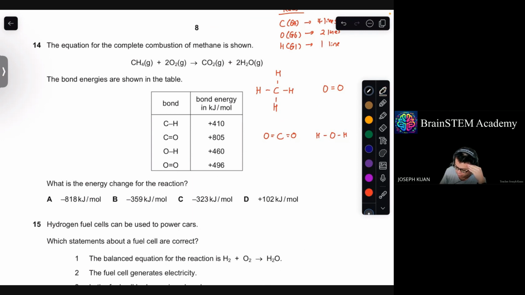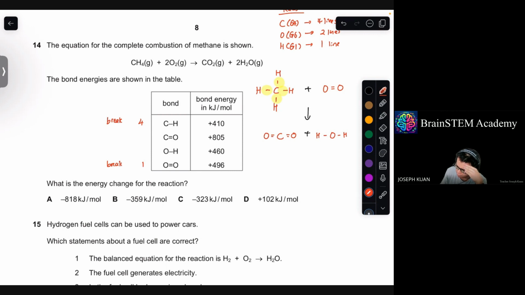Now, in order to form the products, we need to break the bonds. How many bonds need to be broken here? We have 4 C-H bonds, and then we need to break 1 double covalent bond in oxygen.